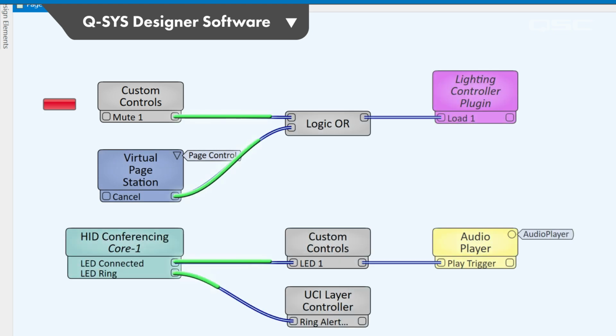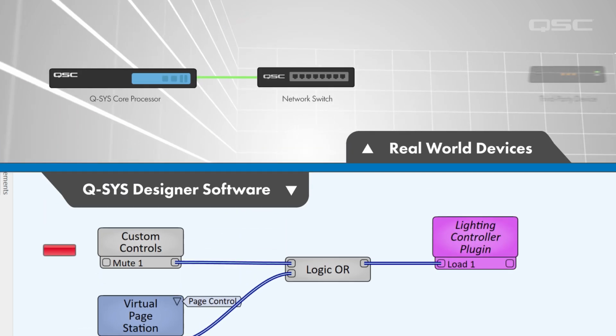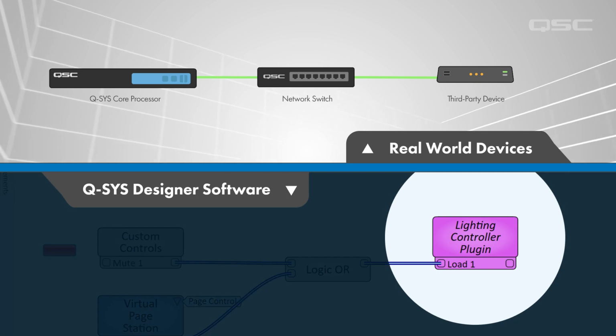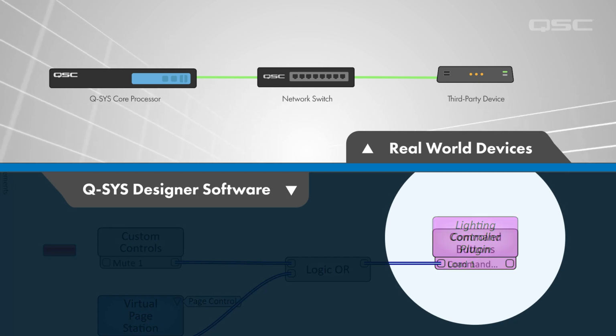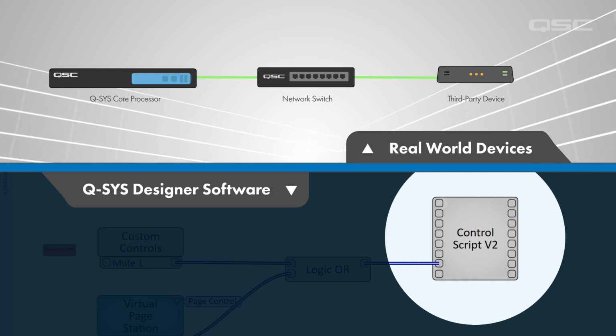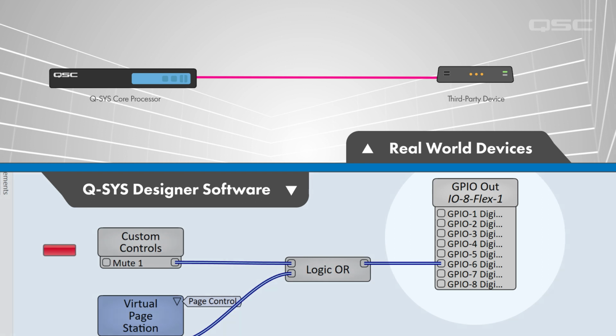Also, much like audio, control wires flow from left to right, with all of this processing taking place within the core. If controls are sent to third-party devices, this likely takes place via virtual components like third-party plugins, network command strings, or scripting components, but might also include physical outputs like the previously mentioned GPIO connections.